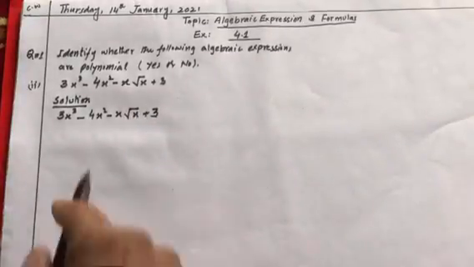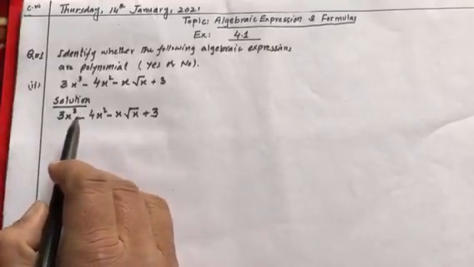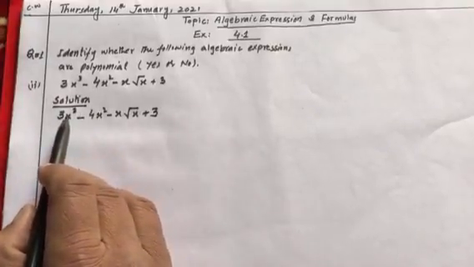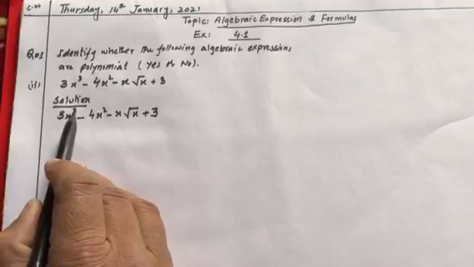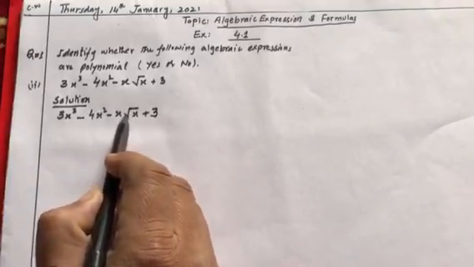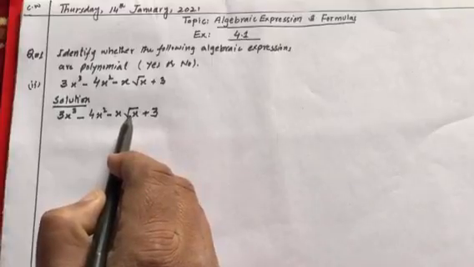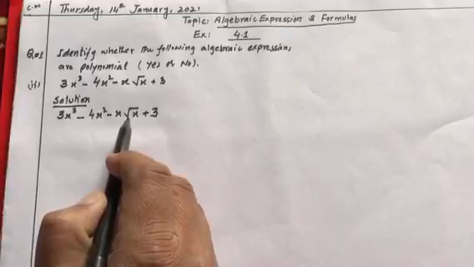If we observe and recall the definition of polynomial, the variable involved here is x. The variable x has power 3, which is positive, and x² is also positive, and x into √x, so the variable is in under root form, so it will not be a polynomial.